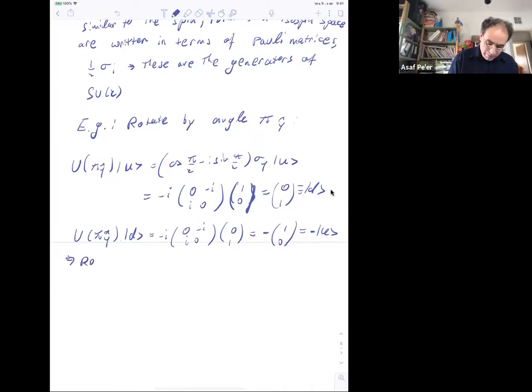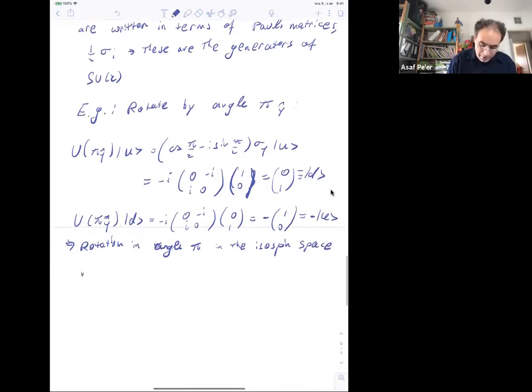The rotation by angle pi in the isospin space replaces I3 and adds a factor of (-1)^(I - I3).